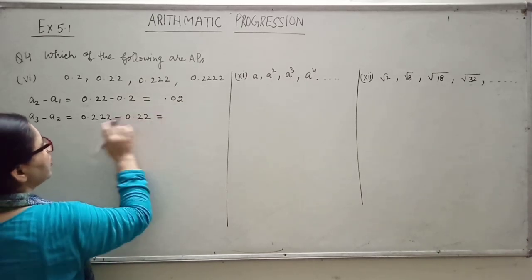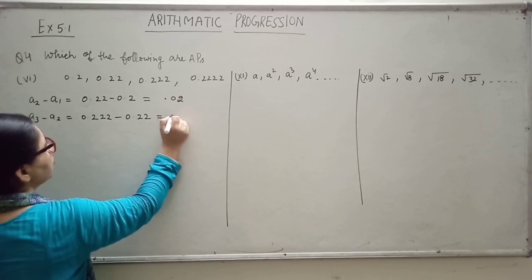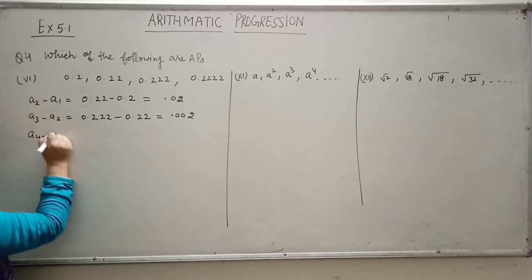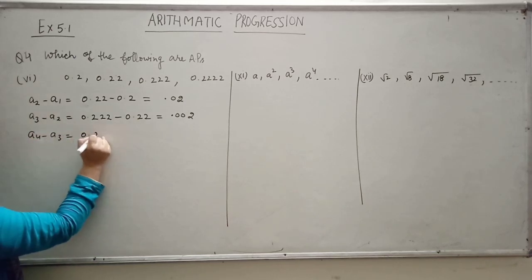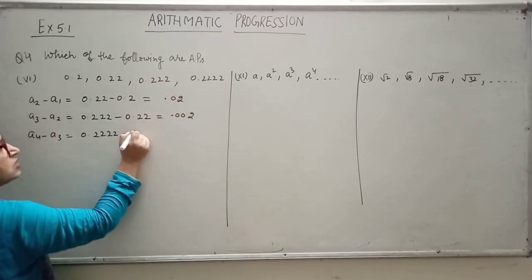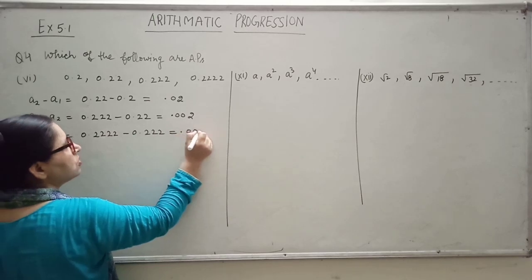What it becomes when you take the difference of these two is 0.002. Now A4 minus A3. This is 0.2222 minus 0.222. This is equal to 0.0002.